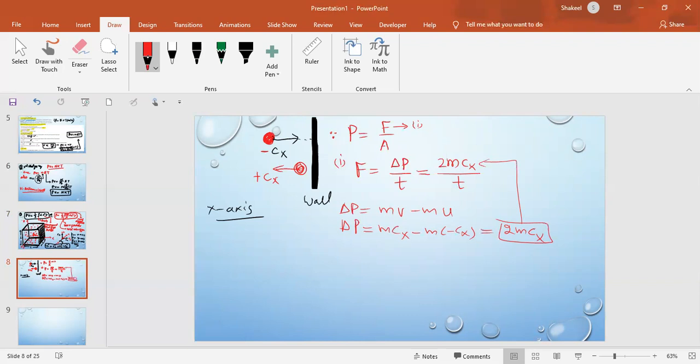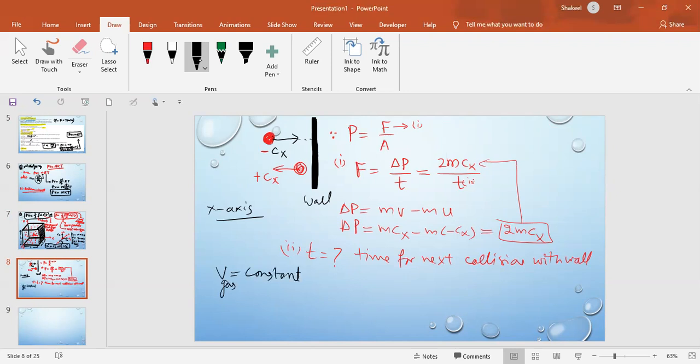And for the time t, let's look at t. If you want to find the value of t, it is the time for the next collision of the gas particle with the wall. For this, we assume that the gas particles are moving with constant speed because the temperature is constant. Let's say this is one wall and this is the second wall.